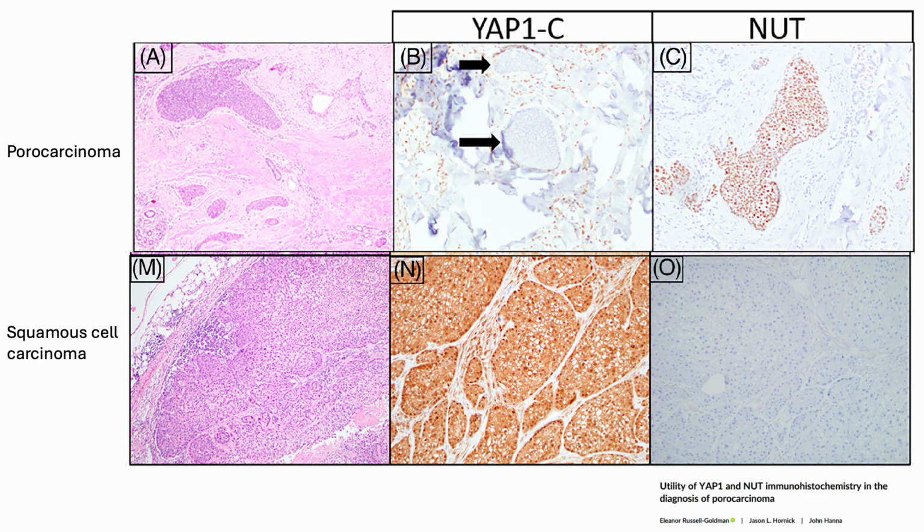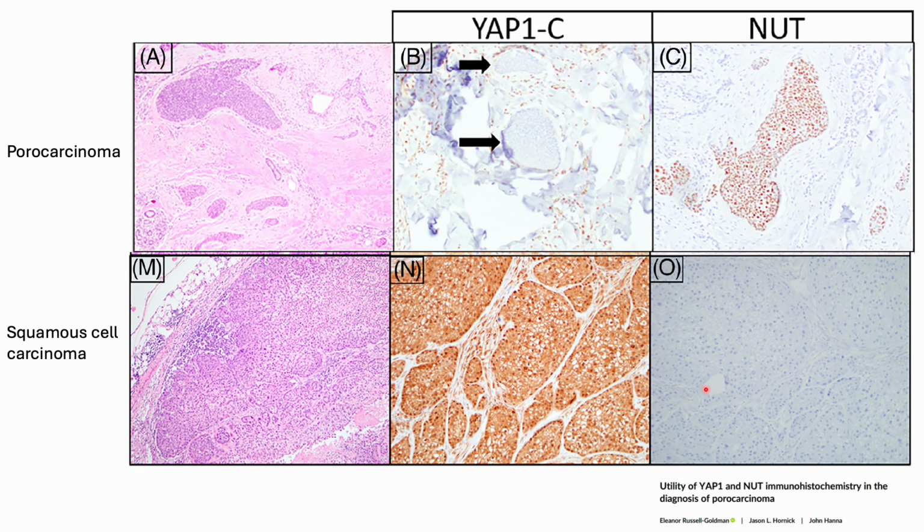So here's an example of how the immunostain could be used to distinguish porocarcinoma from squamous cell carcinoma. You can see on H&E in these images, at least, the porocarcinoma and the squamous cell carcinoma look really quite similar. But in the porocarcinoma, we have NUTM1 overexpression and YAP1 loss. So this is probably a NUTM1 YAP1 fusion.